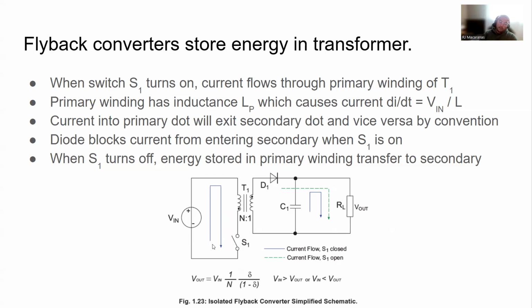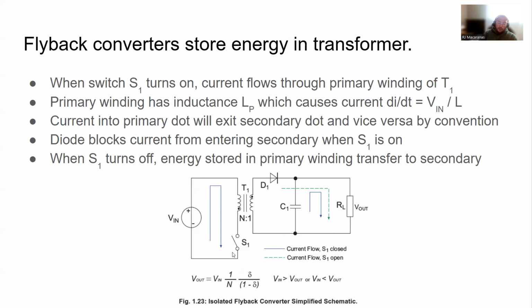All I have really on this primary side is the source, then the transformer primary inductance, and then the switch. So it's a very simple topology, and that's most likely why you see it all over the place, because it's got such a low component count, and it can achieve this isolation very easily. But then going on to the secondary side, we have a diode, and then we just have a filter capacitor, and then this resistor to model the load, basically. So this is our output voltage between these two nodes here.